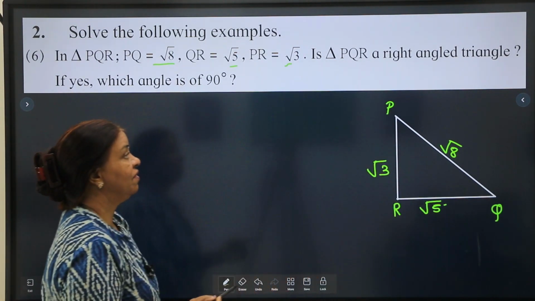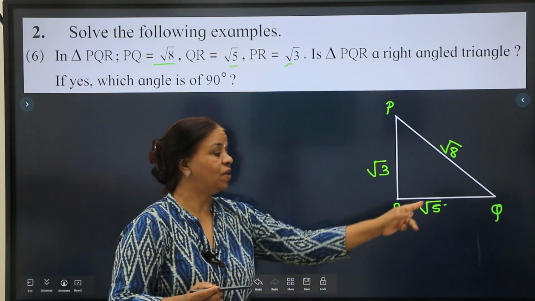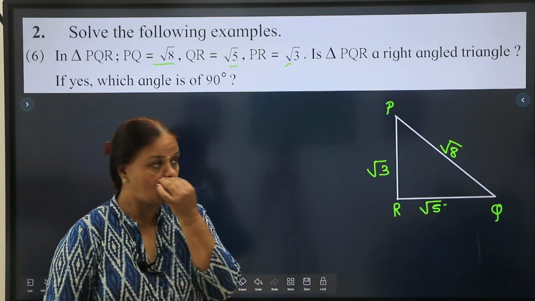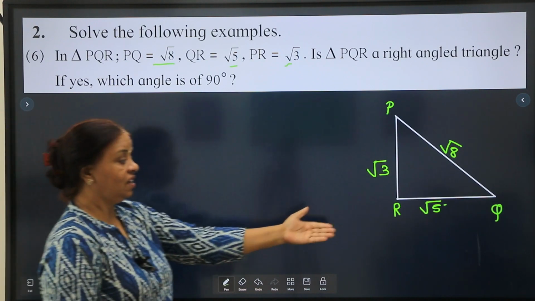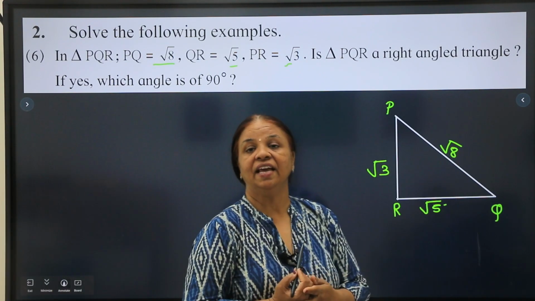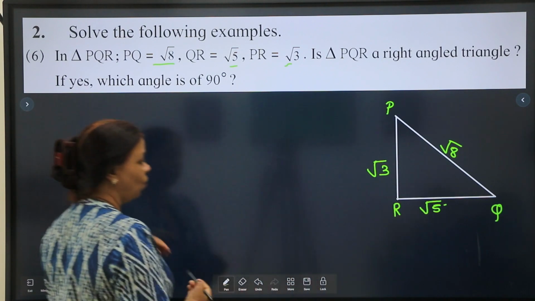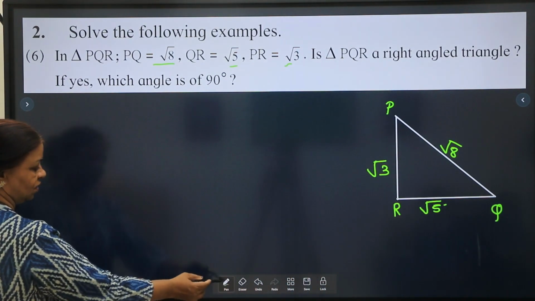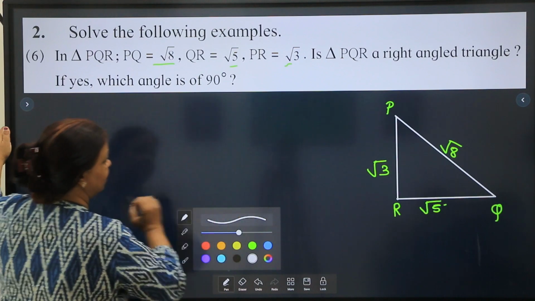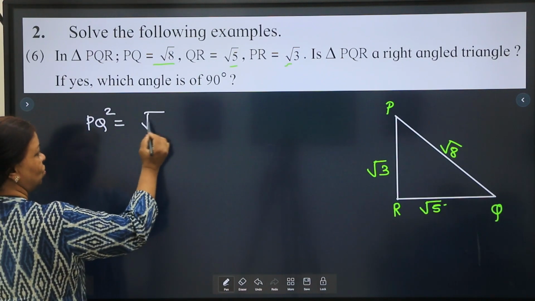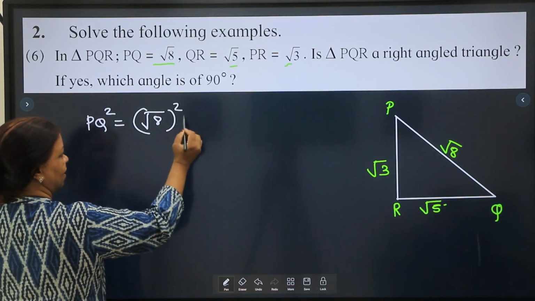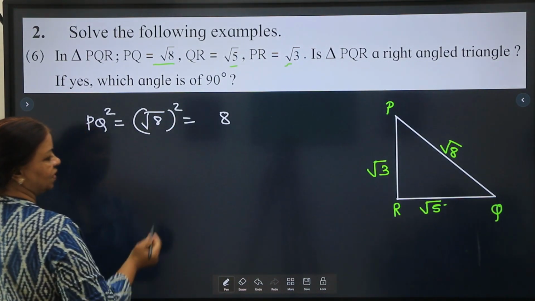So, we want to say whether the triangle PQR is a right angle triangle or not. And if yes, which angle is a 90 degree angle? Let us find out the square of the largest side, PQ square, that is root 8 square, which is equal to 8.